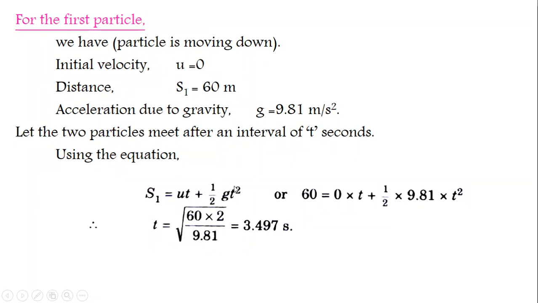Using this equation you find the t value. You know s is 60 meters and the initial velocity is 0. Applying these values, u equals 0, g equals 9.81 and s1 equals 60 meters, and solving the equation, we get t equal to 3.497 seconds.